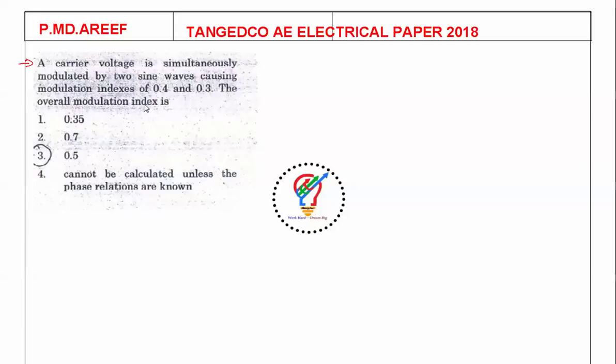The overall modulation index is, so we need to find the overall modulation index, m naught. m1 is 0.4 and m2 is given as 0.3.